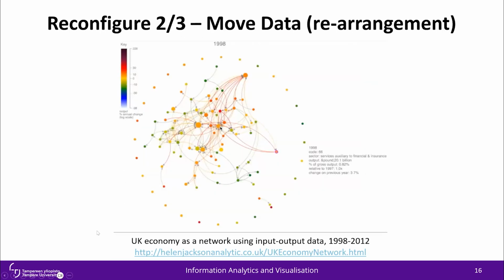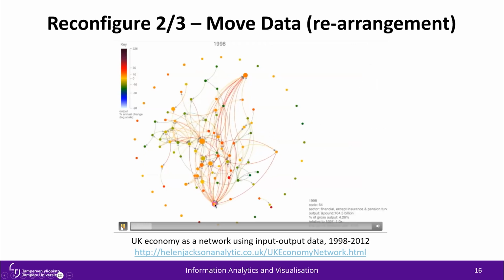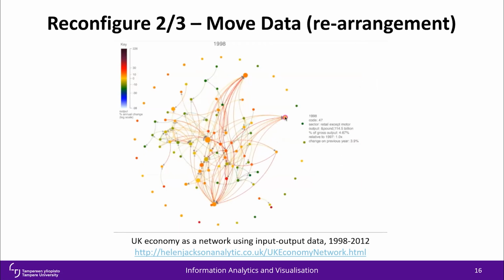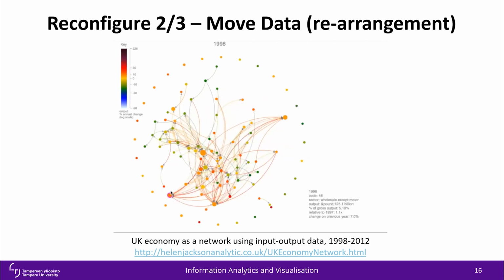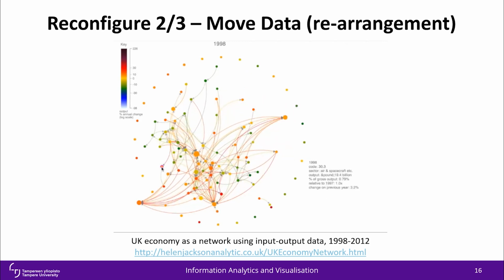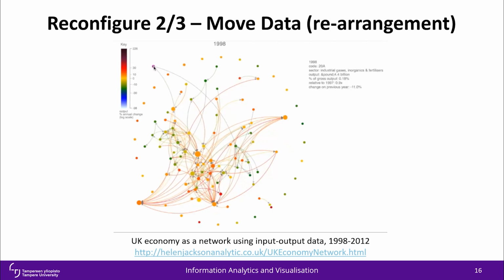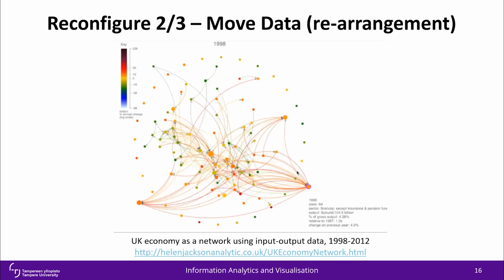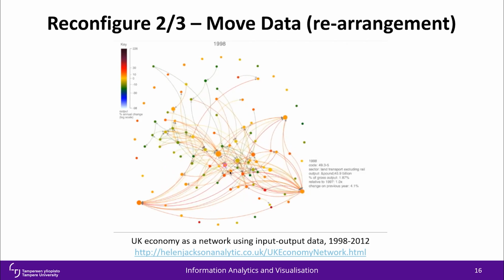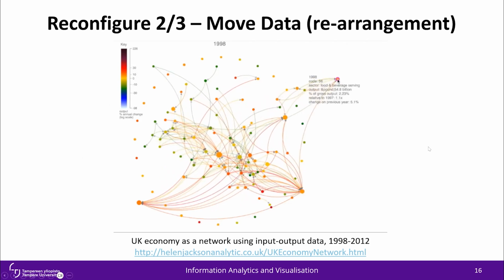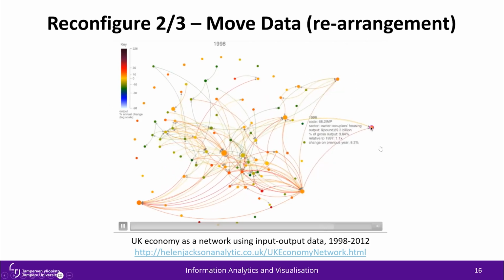Here's another nice example of how we can explore the data just by rearranging the data items. You just drag and drop different items, and the configuration will be different. This could be really handy in three-dimensional format.